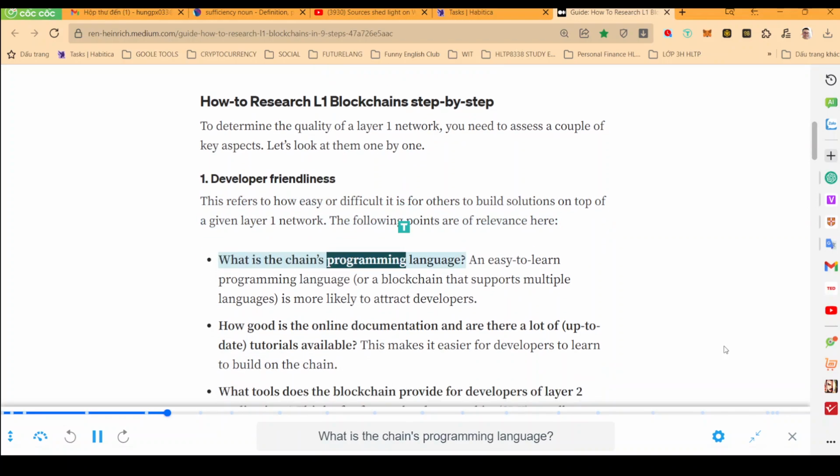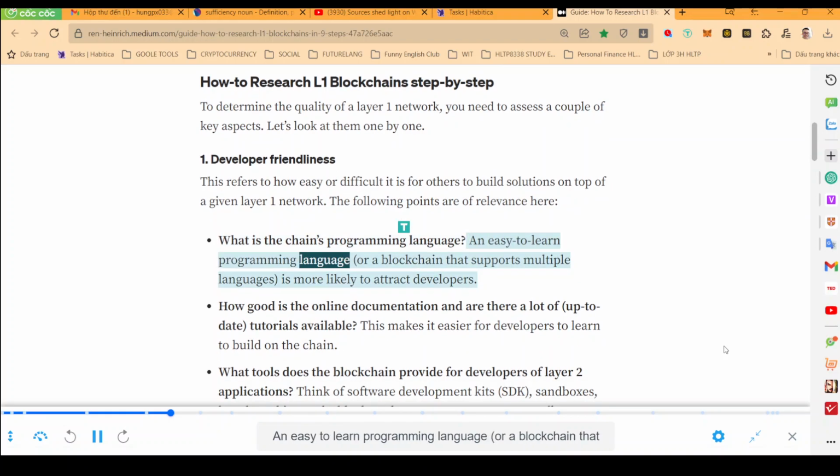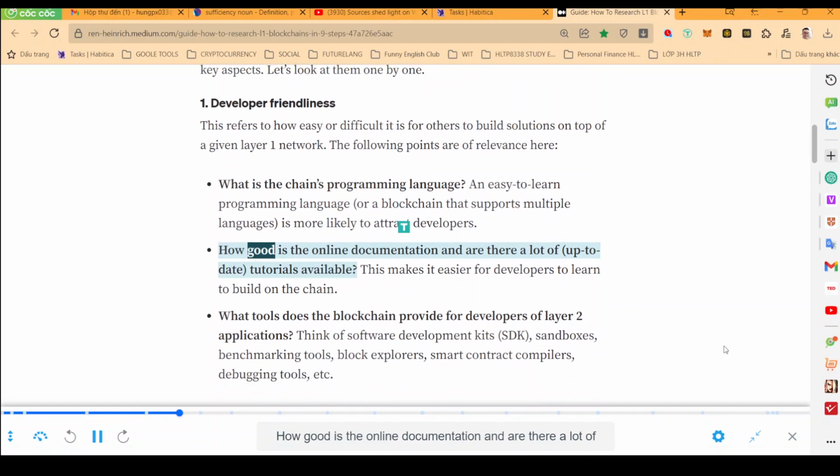What is the chain's programming language? An easy-to-learn programming language or a blockchain that supports multiple languages is more likely to attract developers. How good is the online documentation, and are there a lot of up-to-date tutorials available?